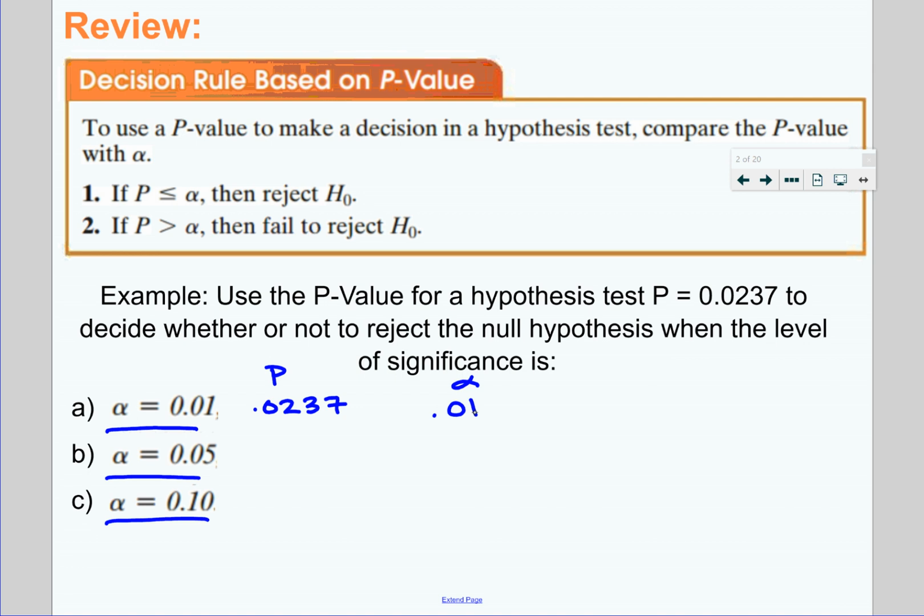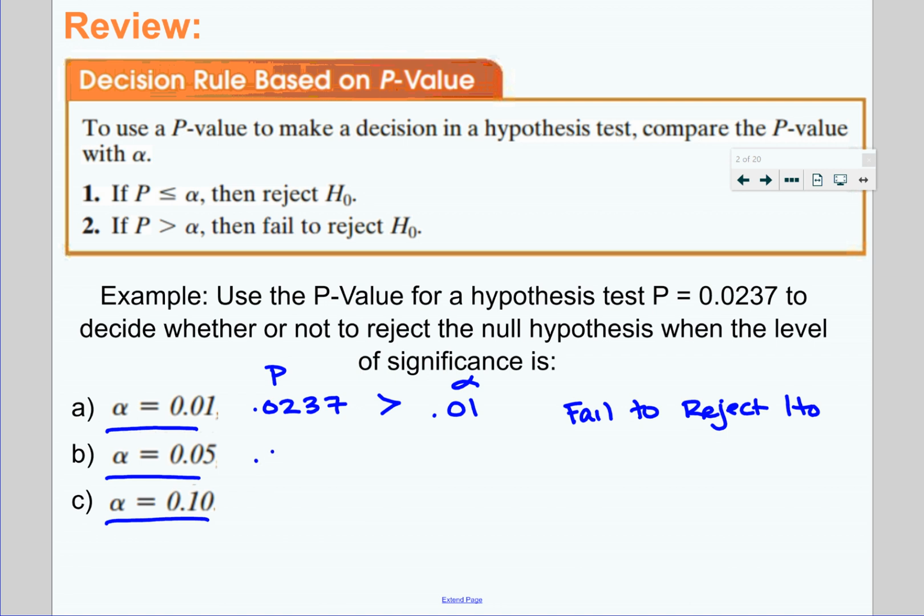How does p compare to alpha? It's greater than. So what do we do? Fail to reject the null hypothesis. And remember, failing to reject is not a good thing. We want to be able to reject. We want this p-value to be less than our alpha.